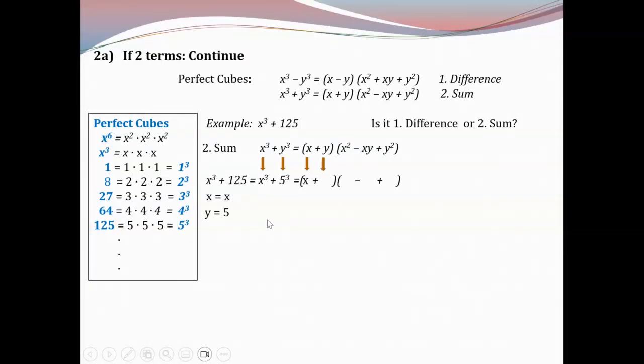The y will be 5. x squared will just give us x squared. xy will give us x times 5, which is 5x. And y squared will give us 5 squared. Now we simplify it. So it's going to give us x plus 5 times x squared minus 5x plus 25.